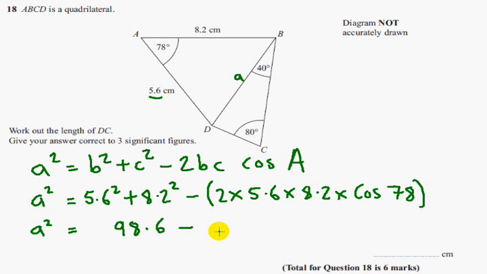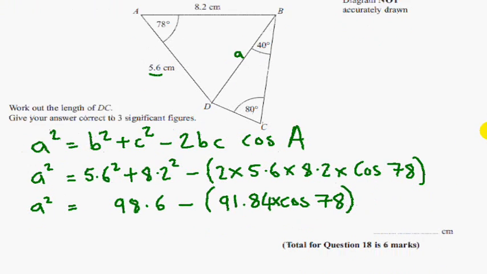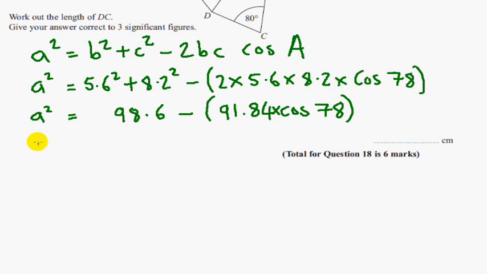So 2 times 5.6 times 8.2 is 91.84, times cos 78. The reason I'm doing that is so I don't have to round it off yet, so I won't lose any accuracy.